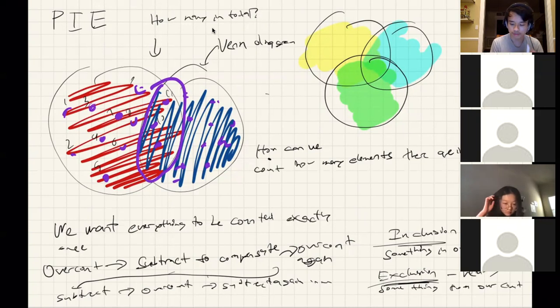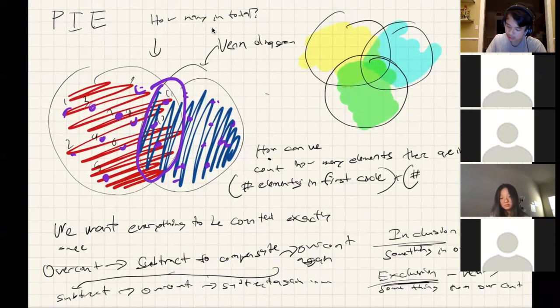So the total number of elements in this Venn diagram is the number of elements in the first circle plus the number in the second circle, and then you subtract the number in the intersection.